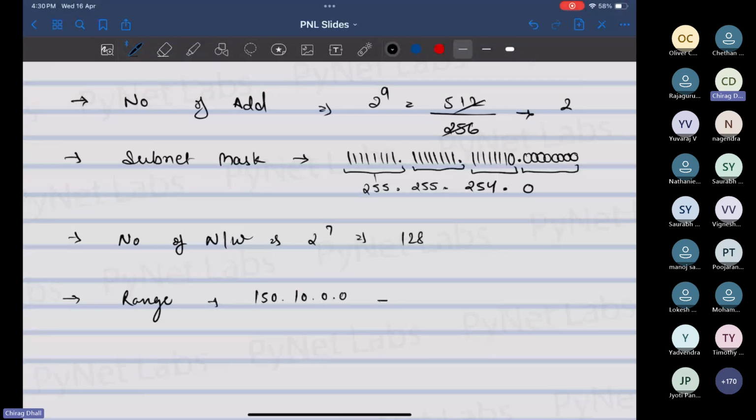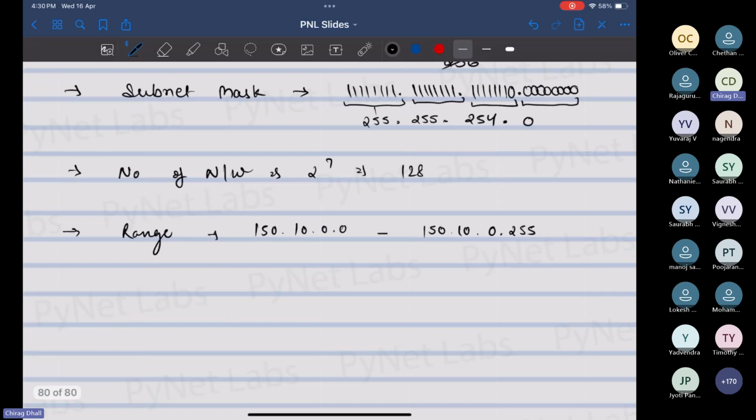This means that I will need 256 addresses 2 times to complete my requirement. Yes or no? So the first 256 addresses will be 150.10.0.0 to 150.10.0.255.